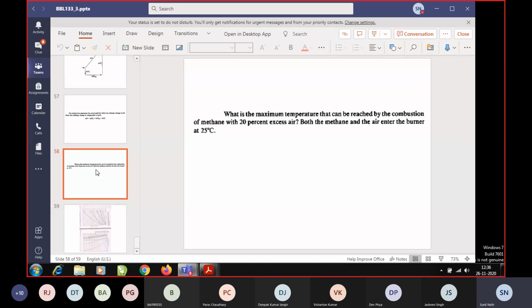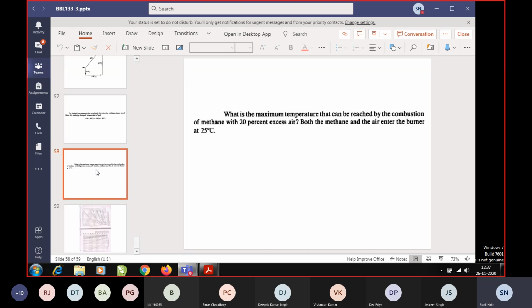Oxygen, since it was 20% excess air, will be 0.4 moles, because the 2 moles have reacted, and what is not reacted is 0.4 moles of oxygen. And how much of the nitrogen? You can take it 80 by 20, so that'll be 9.6 moles of nitrogen. Right. So this is your composition.